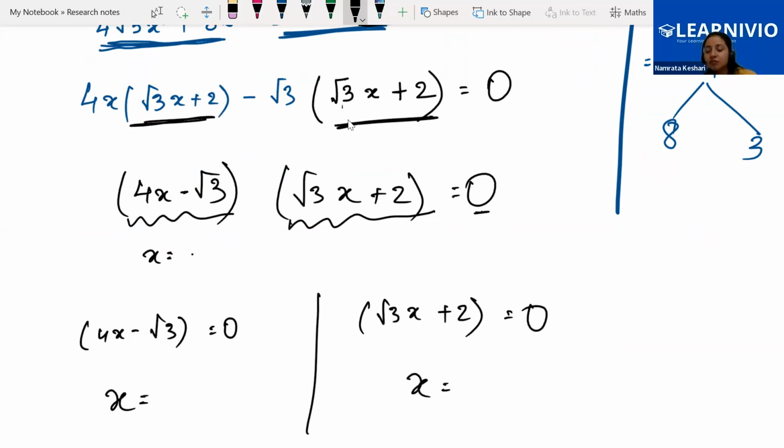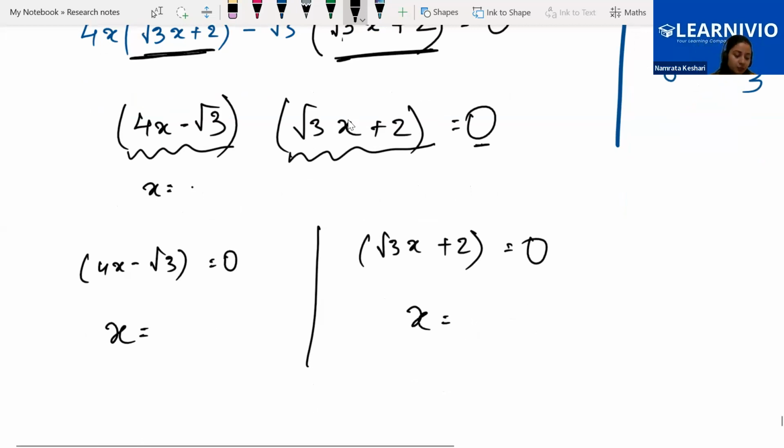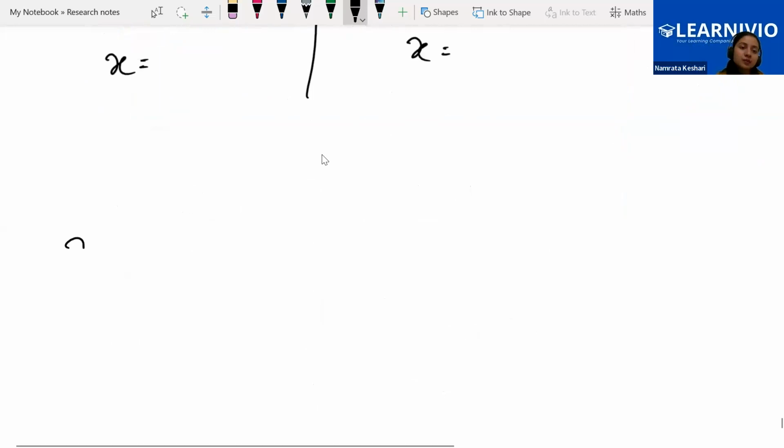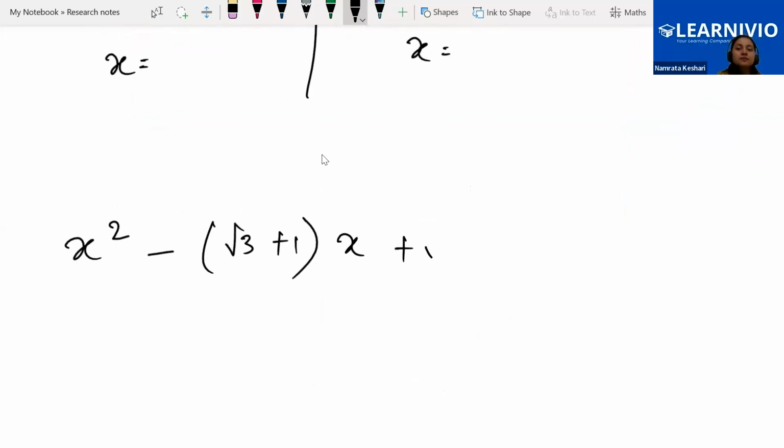Meanwhile, Afnan and Alvina, please do this one. x square minus (root 3 plus 1)x plus root 3 is equal to 0.